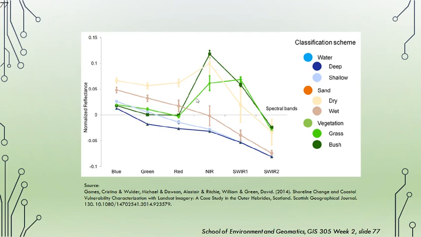And again, consider the fact that a given surface will have varying levels of reflectance in any given band, which sometimes makes it confusing to distinguish between surfaces based only on spectral signatures.